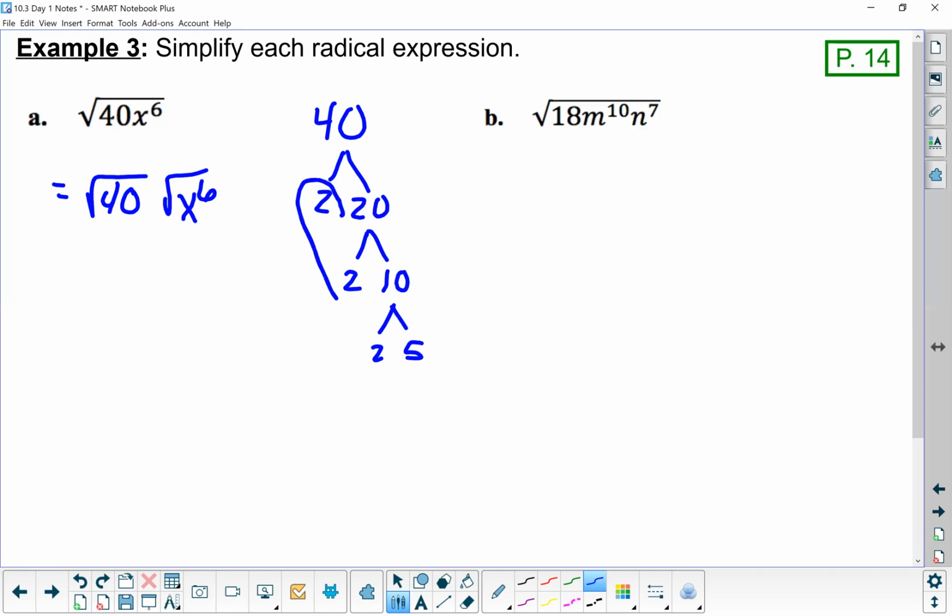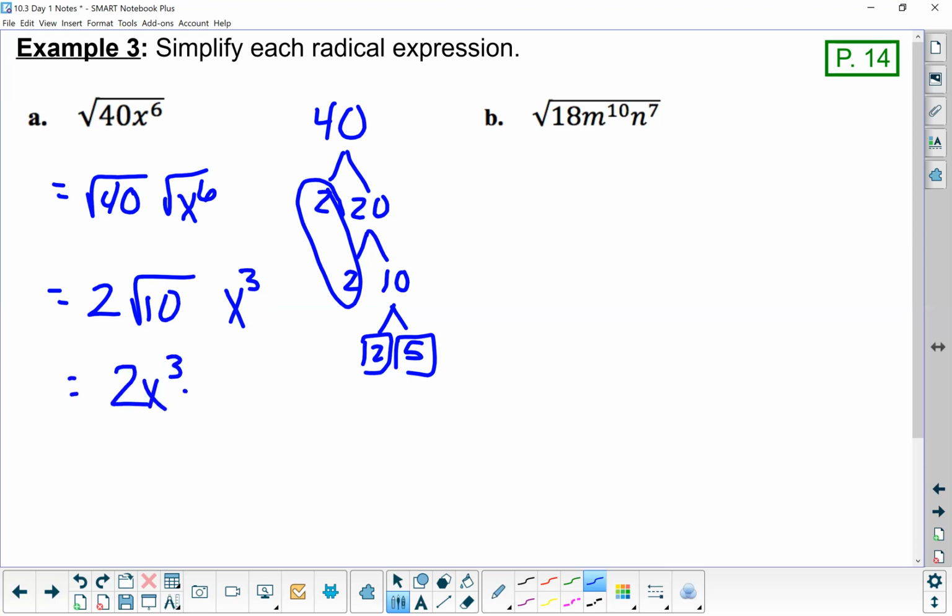So for that 40, we're going to get a 2 outside and 2 times 5 inside. 2 times 5 is 10. The square root of x to the 6th: 6 divided by 2 is 3, so that's going to be x cubed. So we get 2x cubed times the square root of 10.